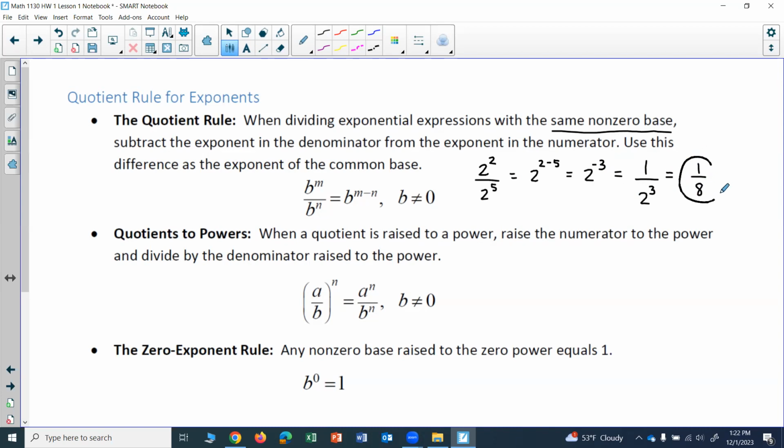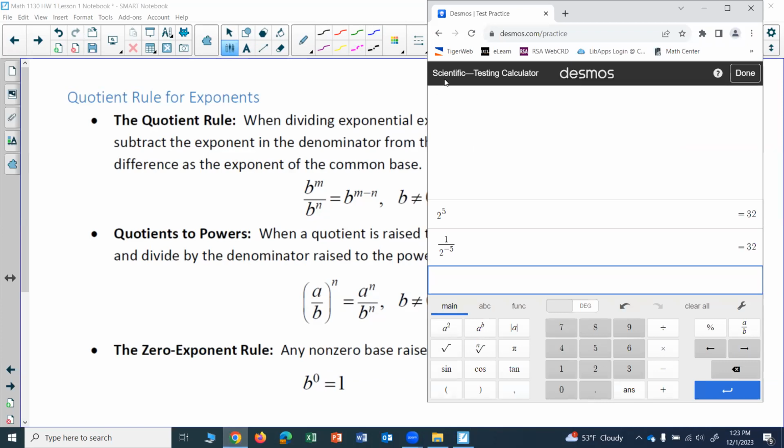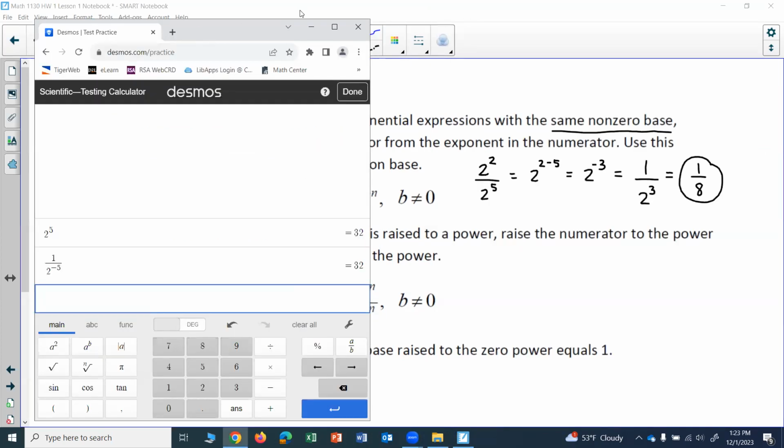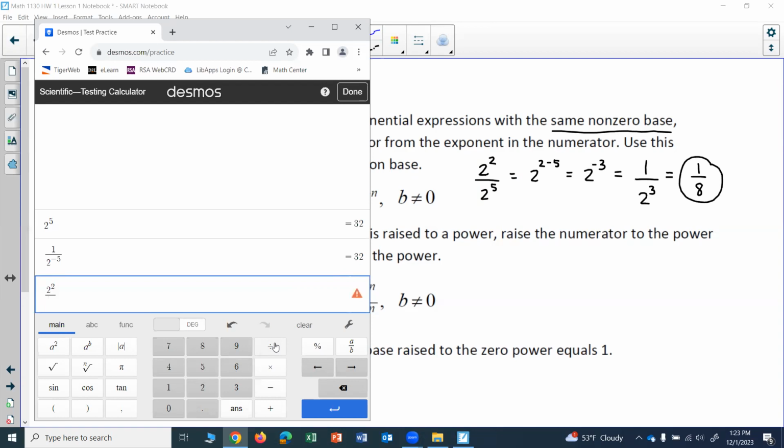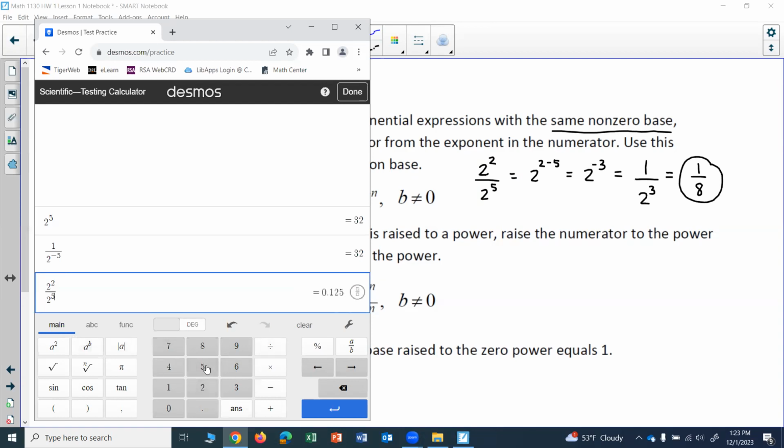Now, if you have numbers, you can check this in your calculator. Let me pull the calculator over to the side so I can see what to type in here. Okay, so I could put in 2 to the 2nd power, use my right arrow to get out of the exponent, do divided by, and then 2 to the 5th power.